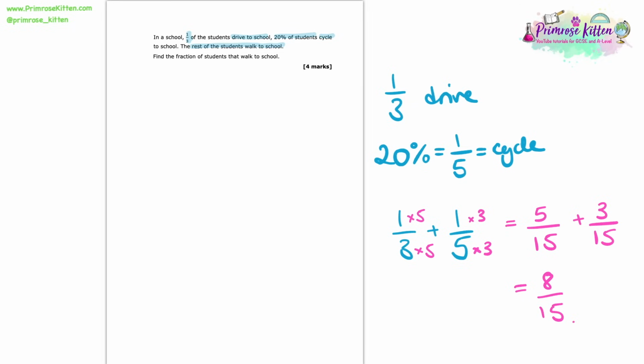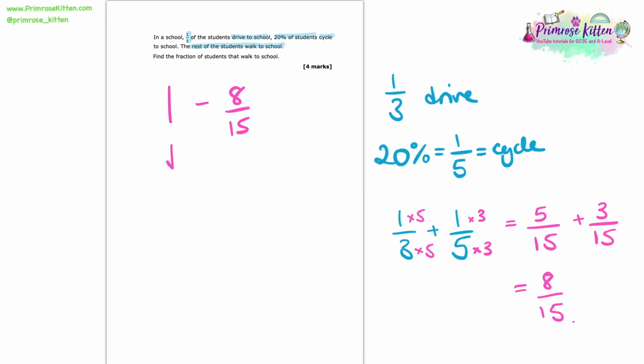And we should remember the fact that all probabilities will sum to 1. So because of that, if we take 1, which is the sum of all of the options, and subtract the 8/15ths, which is essentially the fraction or probability of students who are not walking to school, then we will end up having the fraction of students who do walk to school.